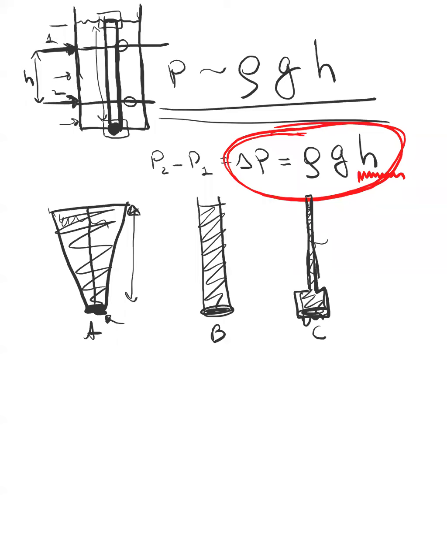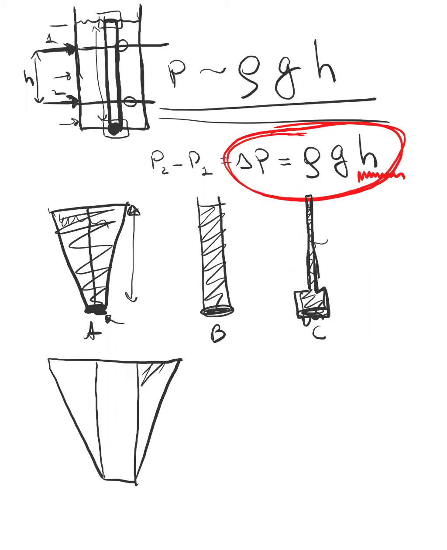And there are many explanations of this. One explanation is that when you have a vessel that looks like this, you have this column of water, and then you have this extra water on the sides.